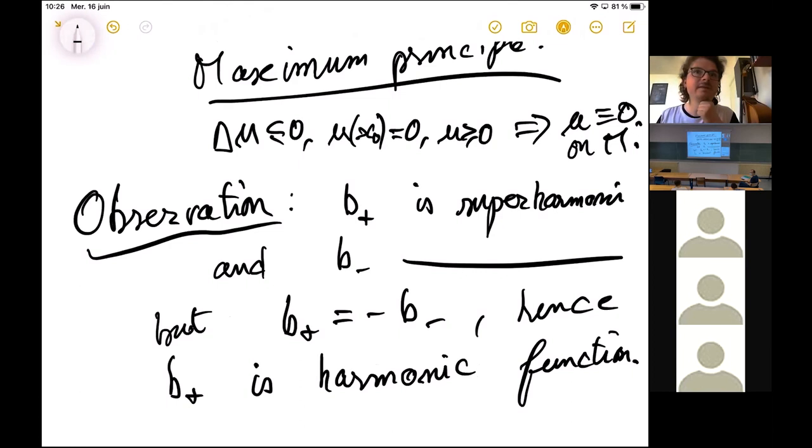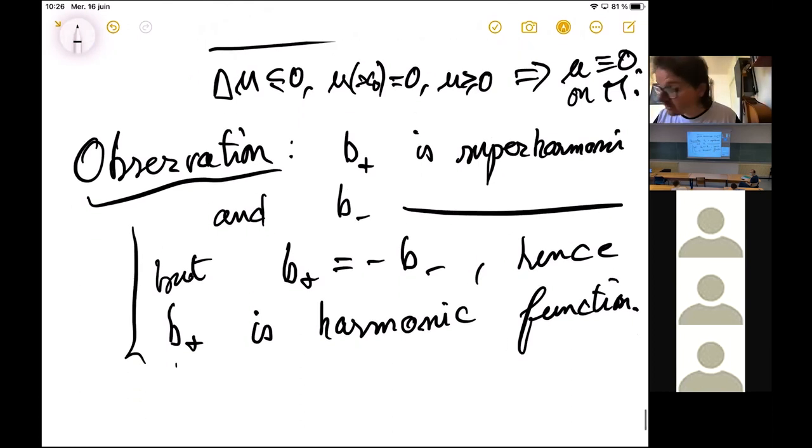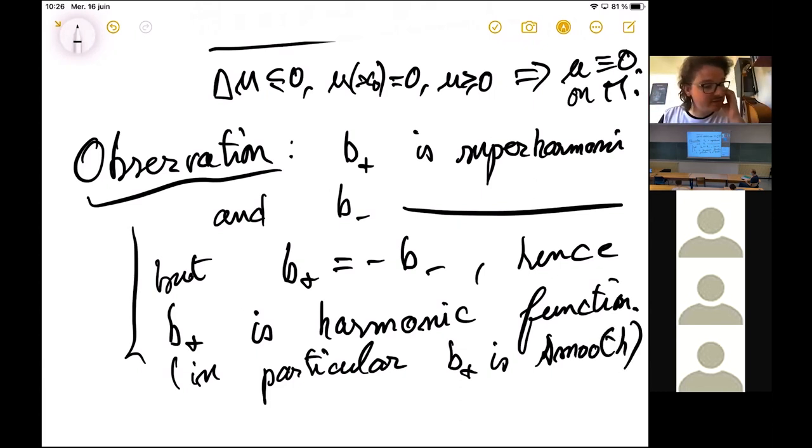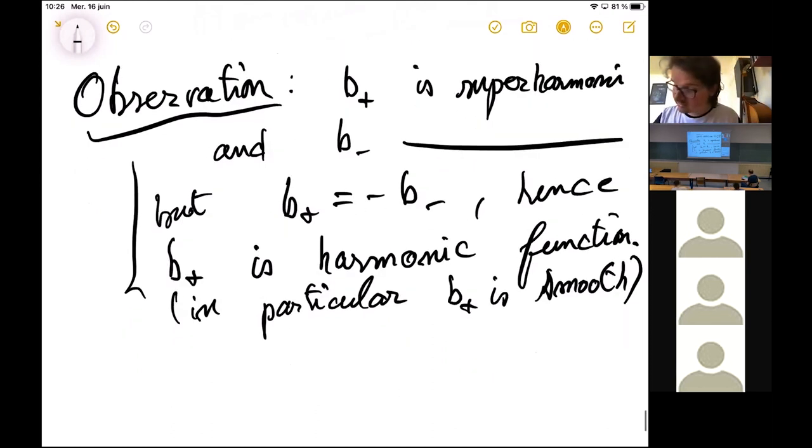In particular, being harmonic in a weak sense and being smooth is the same. So b plus is smooth. So once we're here, we don't have to care about smoothness and weak derivatives and so on. Okay, now let's prove two things and we will be done.